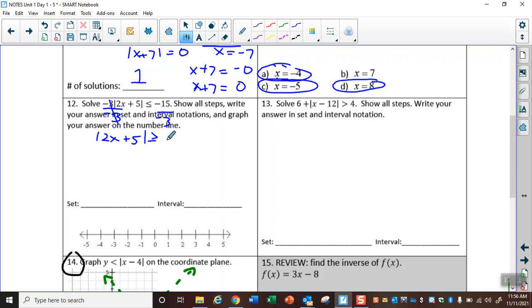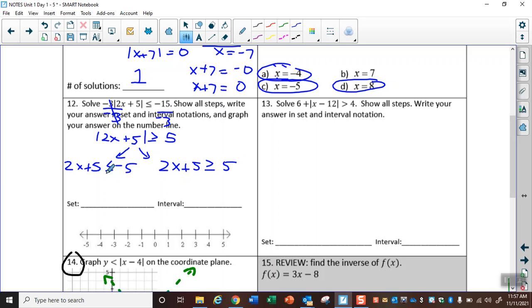Negative divided by negative is going to be positive, so that would be a +5. And now I got greater than, so I'm going to do my flip-flop. So I've got 2x plus 5, and I'm going to flip this and flop it, so I'll make that a -5. And then I'll just write it exactly the same, but without the absolute value.